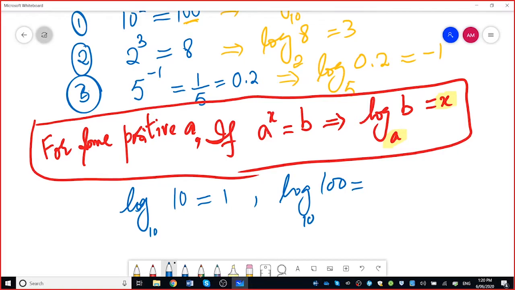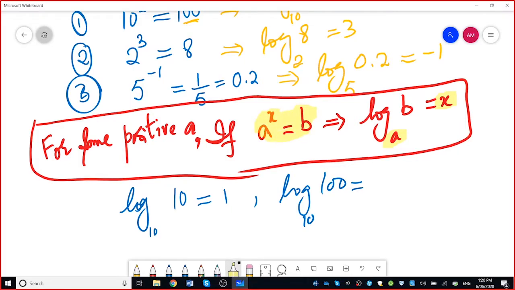Let me ask you one more thing. Log of 100 to the base 10. Look at this: a raised to the power x is b.